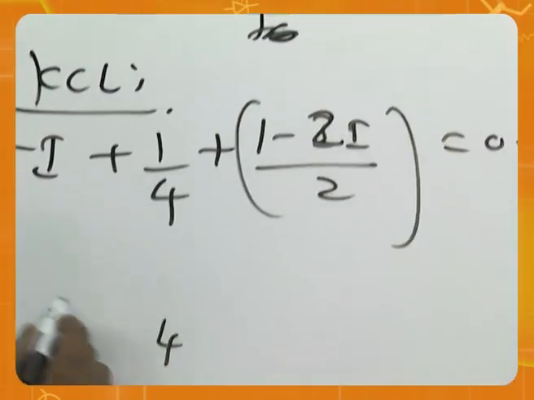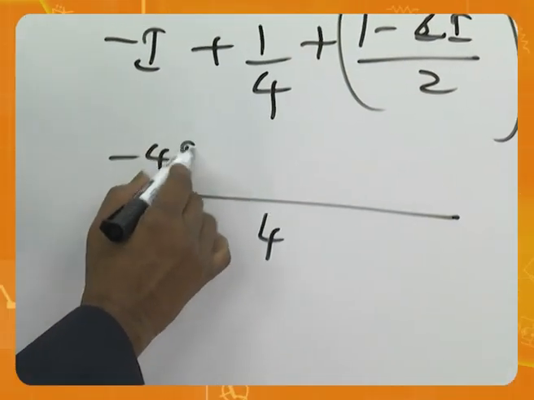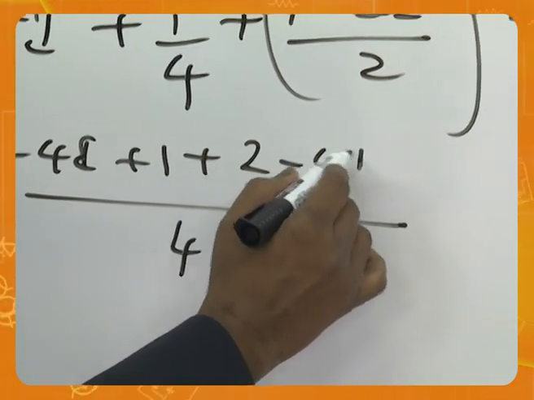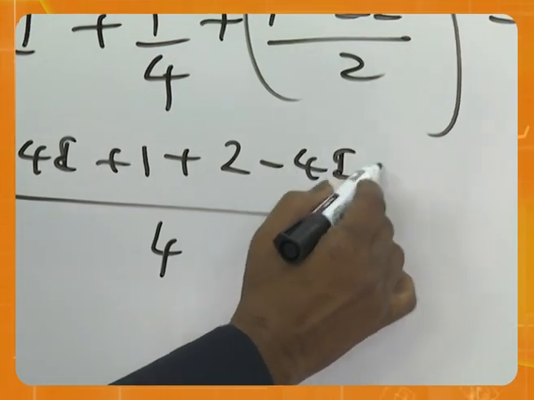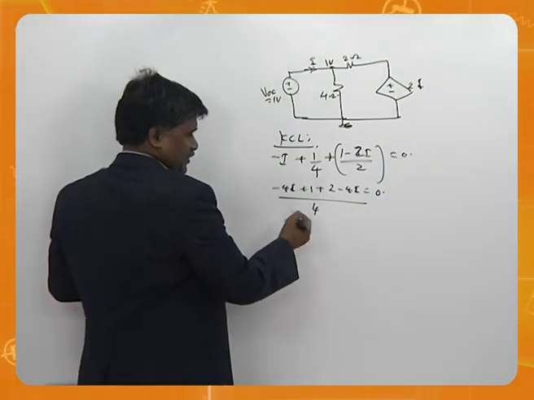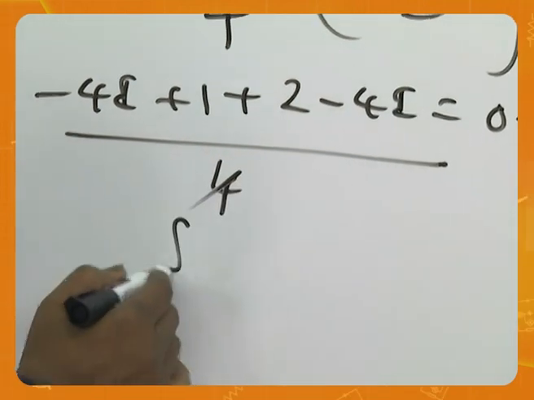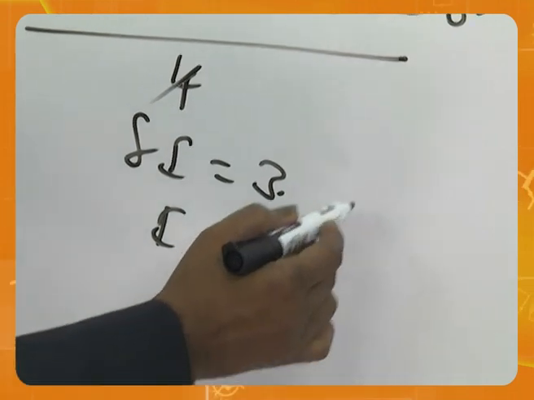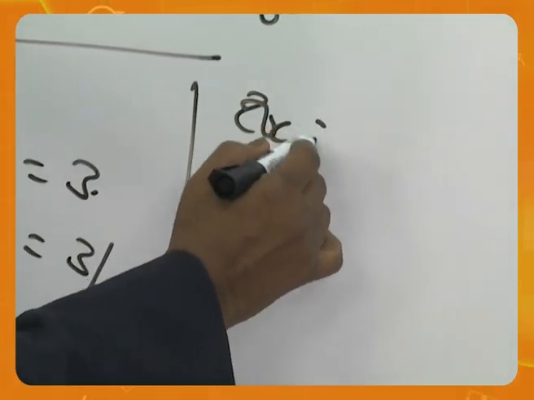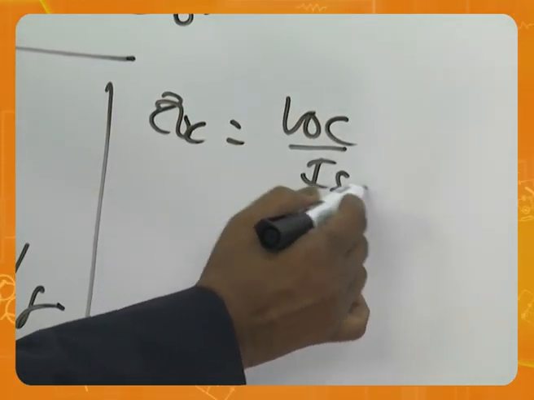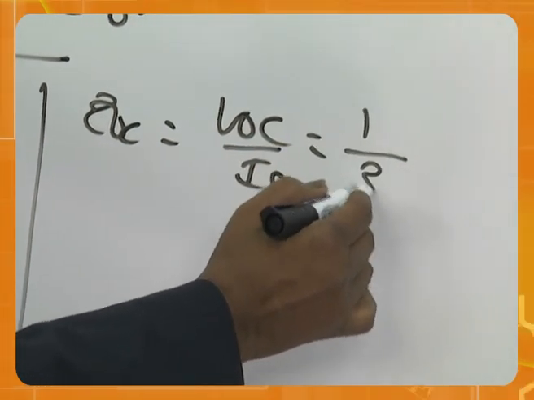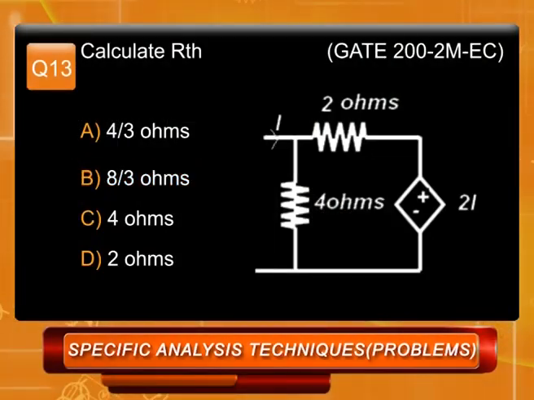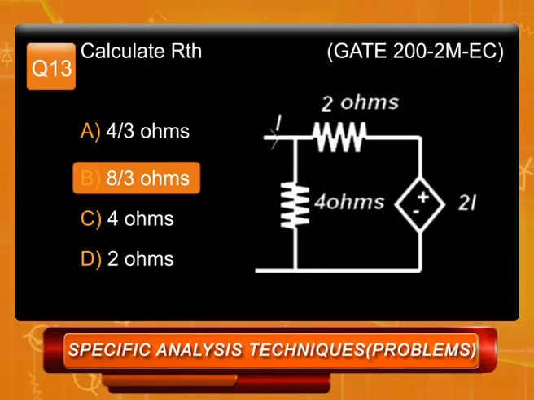Let me take the LCM: minus 4I plus 1 plus 2 minus 2 into 2, 4I is equal to 0. This of course goes, 8I is equal to 3, I is equal to 3 by 8. Therefore, ZOC is equal to VOC by ISC, 1 by 3 by 8 is 8 by 3. So the option is B.